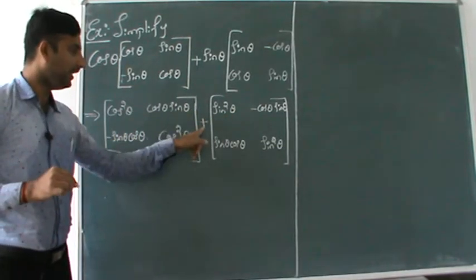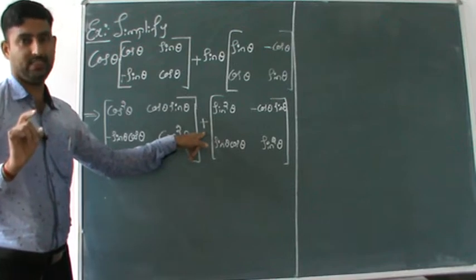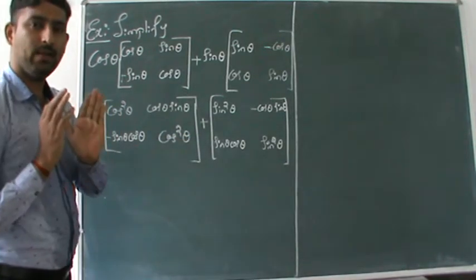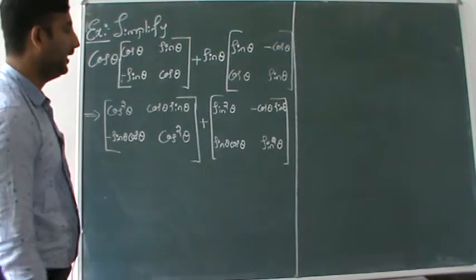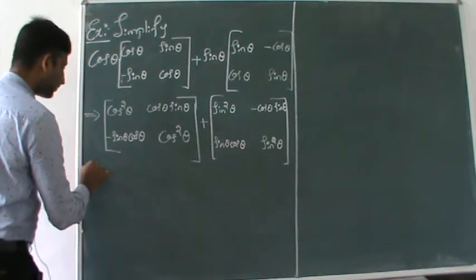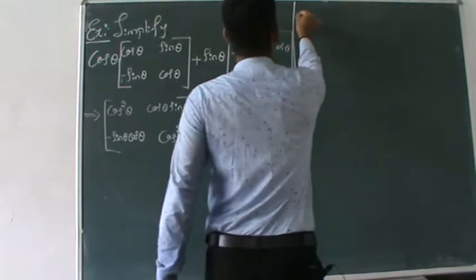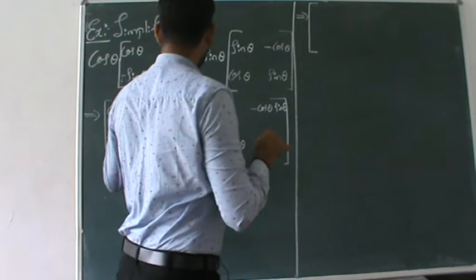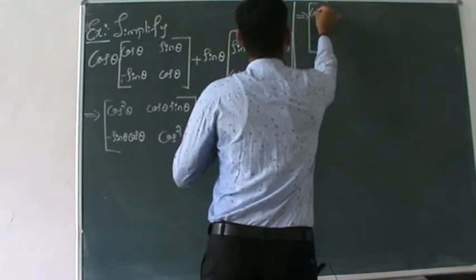In the middle there will be additions involved. Therefore, our job is to add these two matrices. The answer is possible because they are of the same order. Then, cos square theta plus sin square theta, the corresponding elements we have to add.